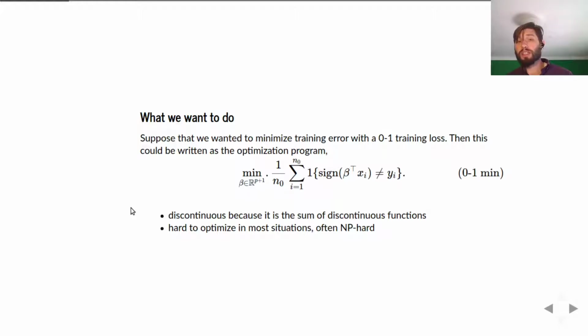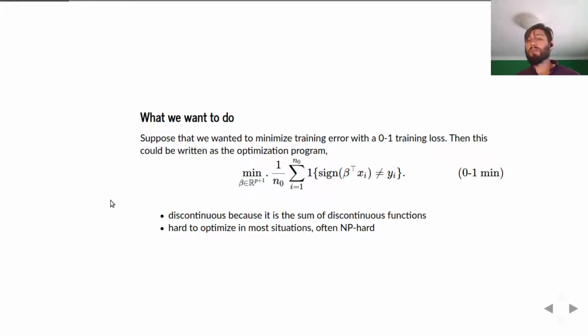There weren't massive changes in the function if you made a tiny change in the underlying parameters. With this, you do have that situation. So it's very hard to optimize, and you can think of this more like a combinatorial optimization. It's often an NP-hard problem.